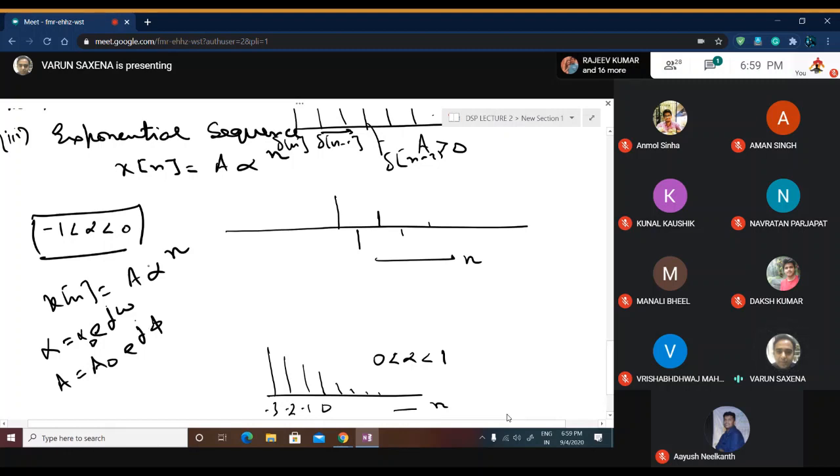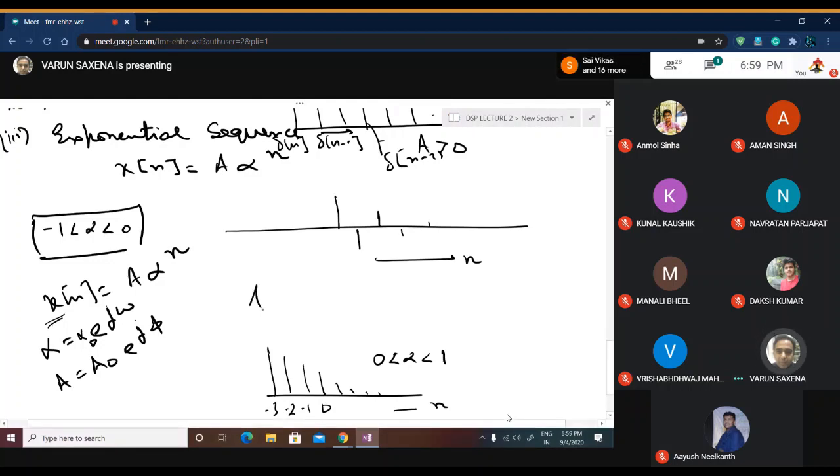If you do that, you can get functions cos and sine. Then xn becomes a complex sequence, no longer a real sequence. Then you can bifurcate xn into the real part and imaginary part. I hope it's clear.